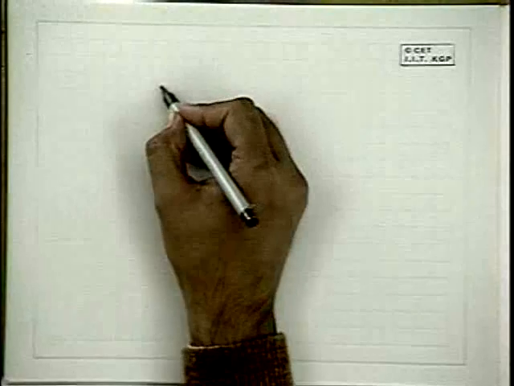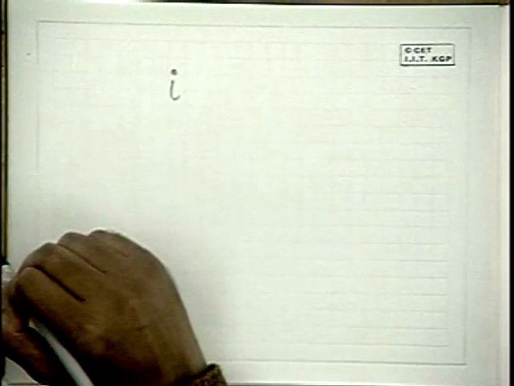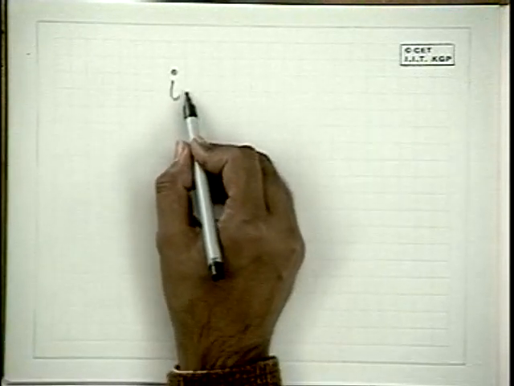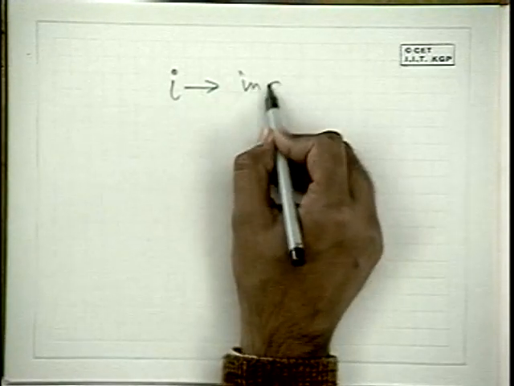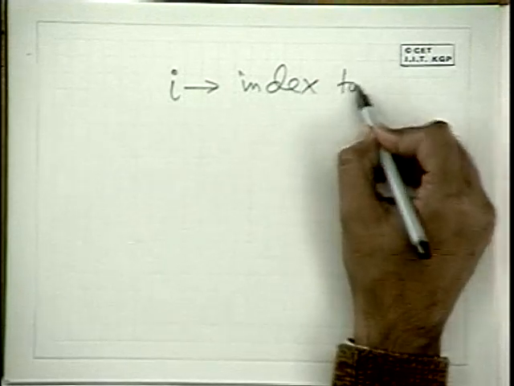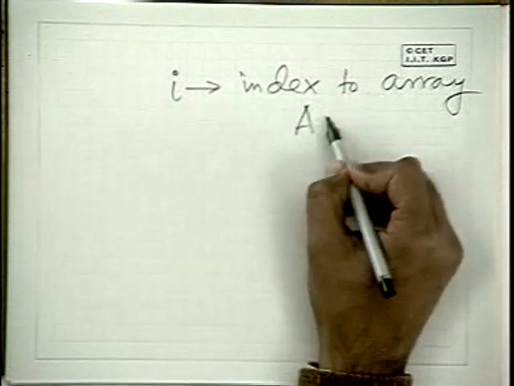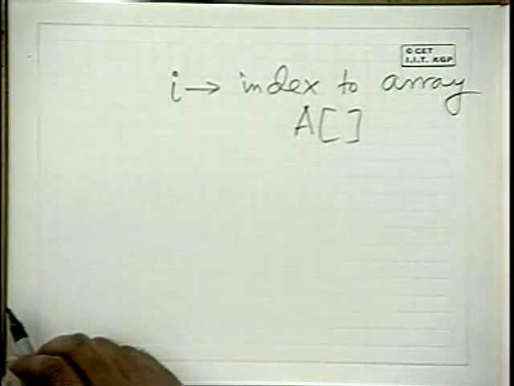So what we do, for each node I, where I is the index to the array, which I call A. It starts with index 1.